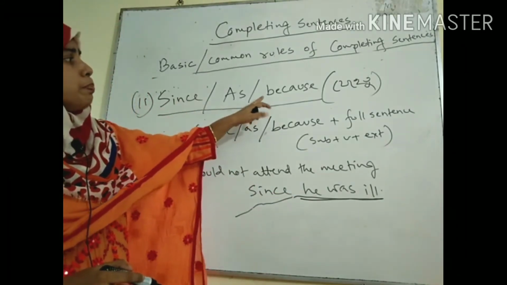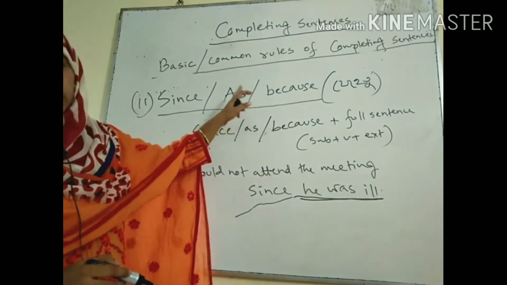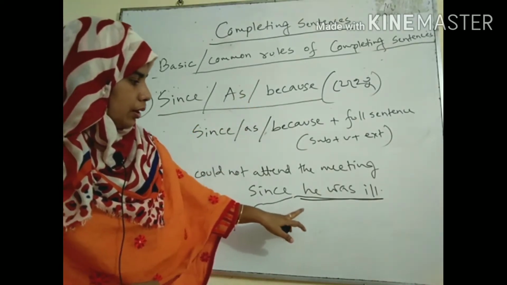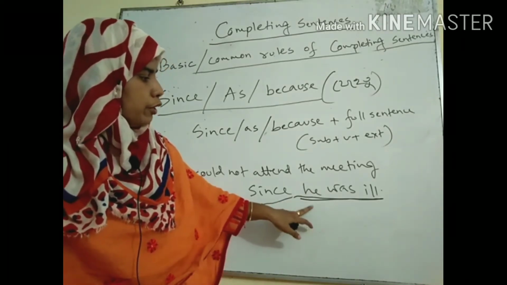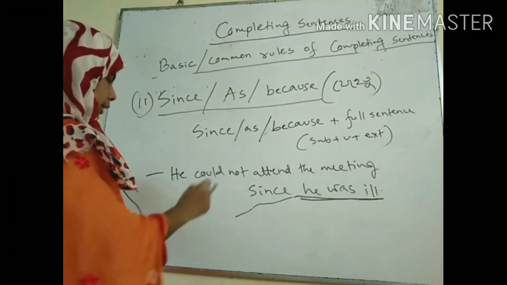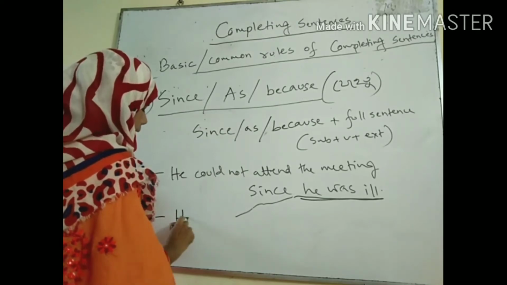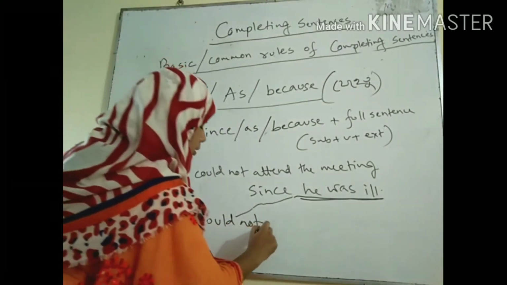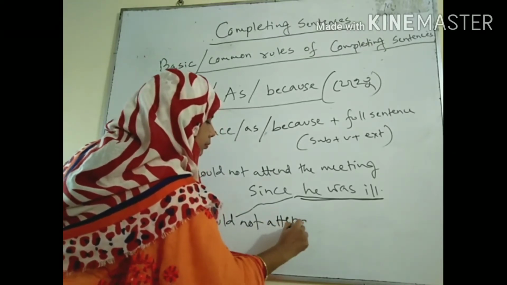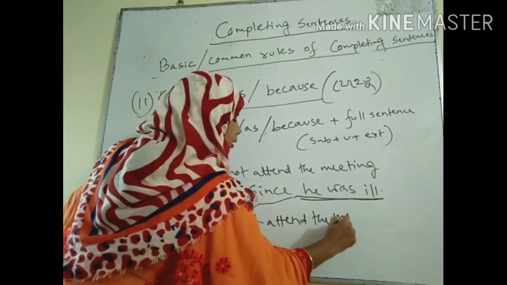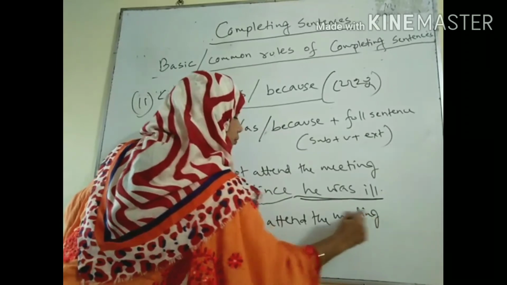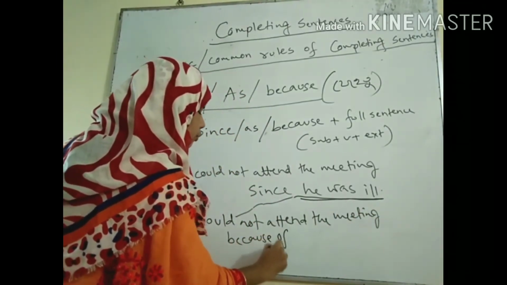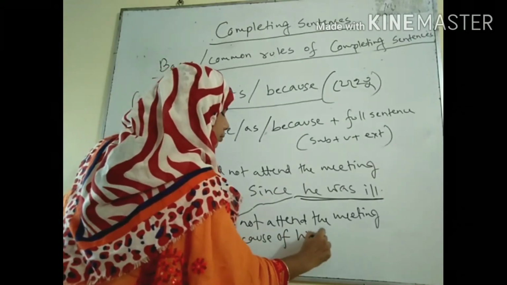If we use because of, we have to use a phrase instead of a full sentence. For example, he could not attend the meeting because of his illness.